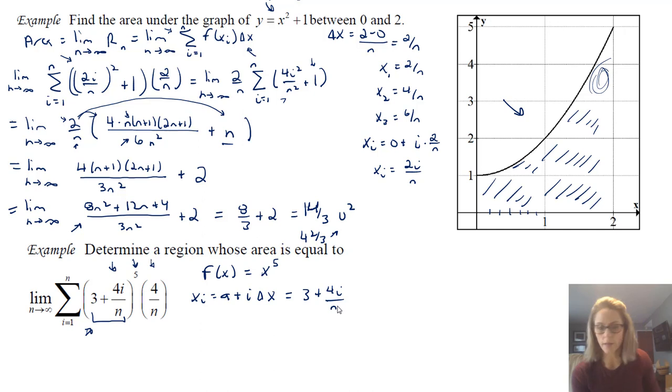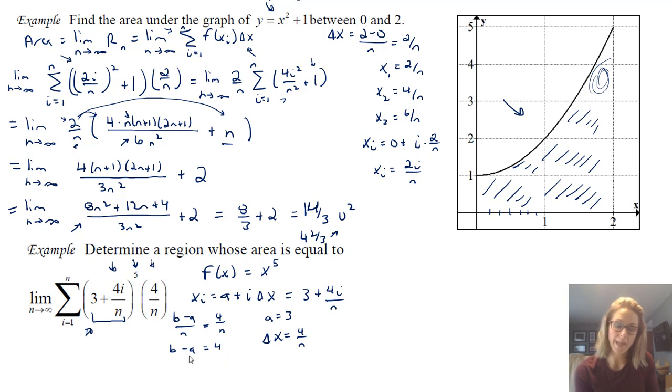So really just from that, we learn that a is 3 and delta x is 4 over n. And since delta x is b minus a over n, and we know that is 4 over n, we know that b minus a is 4, but we know that a is 3. So b minus 3 equals 4, and that tells us that b equals 7.